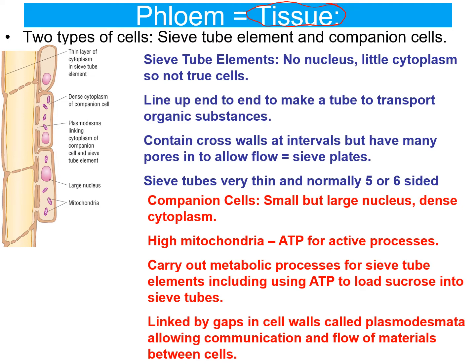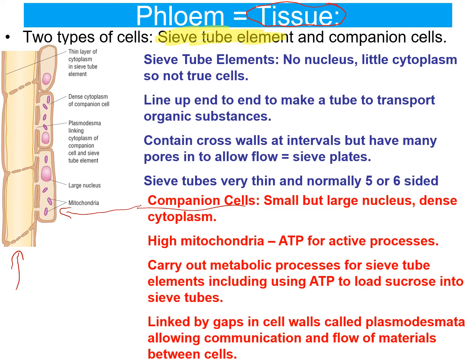The first type of cell is the sieve tube element, and in this case that is these cells here, and then we have the companion cells, which are these cells here. The sieve tube element is the cell that the assimilates of photosynthesis, the sucrose most of the time, moves up or down through.